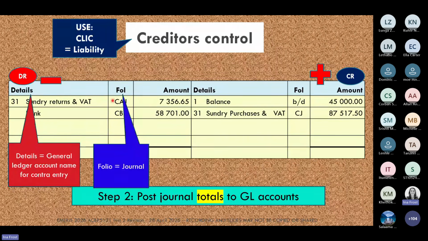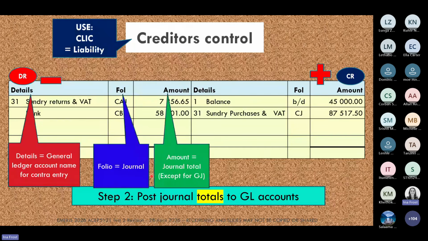So you can see creditors allowances journal, cash book payments, creditors journal. So folio means journal. And then in terms of amounts, we're going to post the total from the journal with the exception of the general journal. Any postings that are done from the general journal, we will post the individual entry.